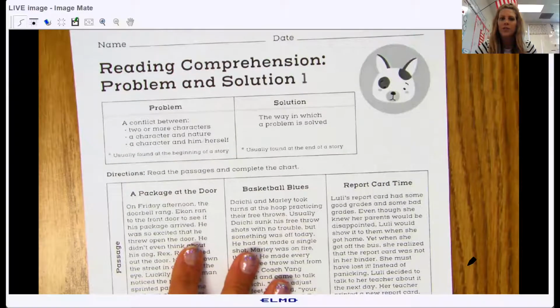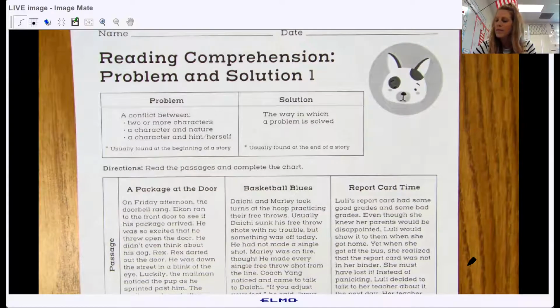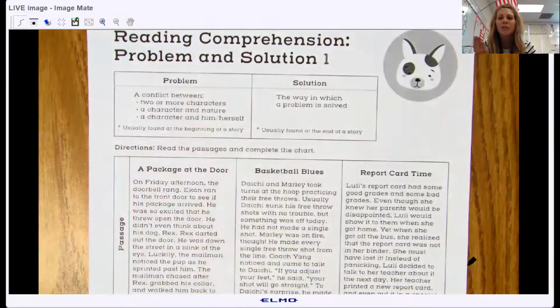All right, so just a little review. We know the problem is the conflict, okay? And there's two different kinds of text, right? The ones we read on our PowerPoint were what? They were nonfiction. So it's not going to be conflicts between two characters, but a conflict that's happening in the story, a real life problem.